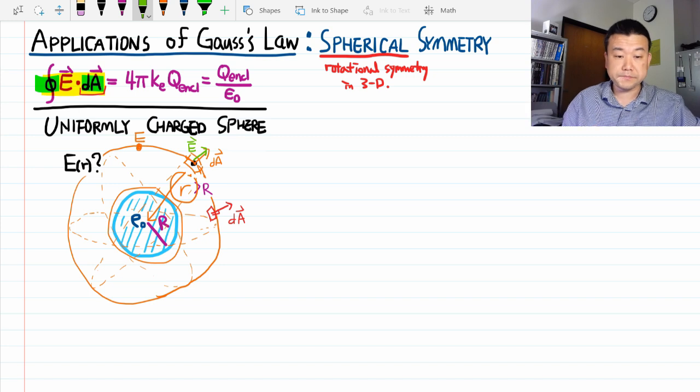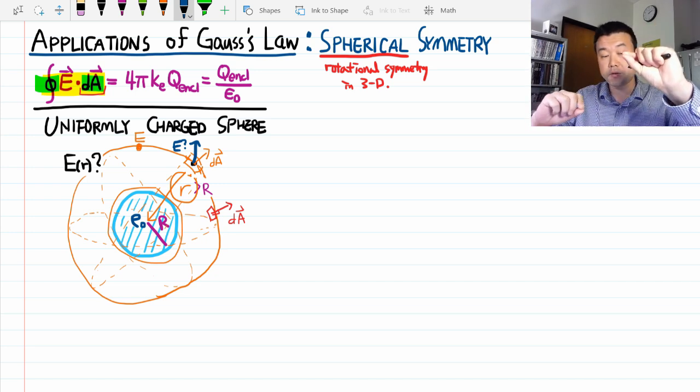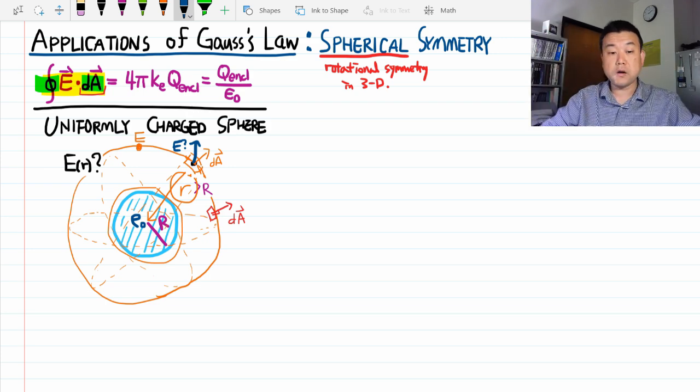This is the argument. Let's suppose, for the sake of argument, that our electric field somehow doesn't point radially. It goes in some weird direction. Then this is the symmetry operation we can consider. We can imagine reflecting it over a line connecting the center to that point. When we reflect it over, it would change this electric field so that it points this way. But part of the spherical symmetry here is that when you do that reflection, the charge distribution doesn't change.